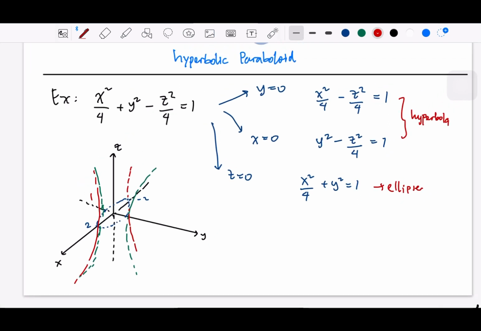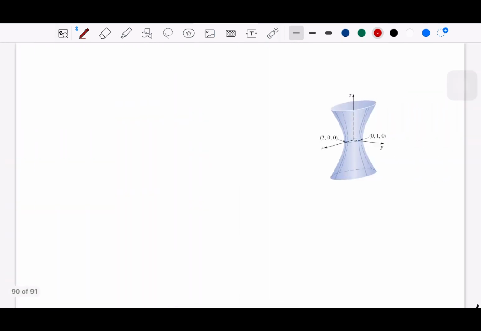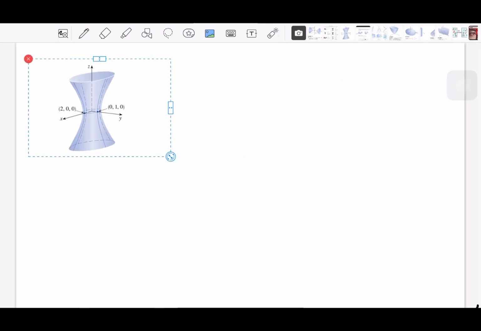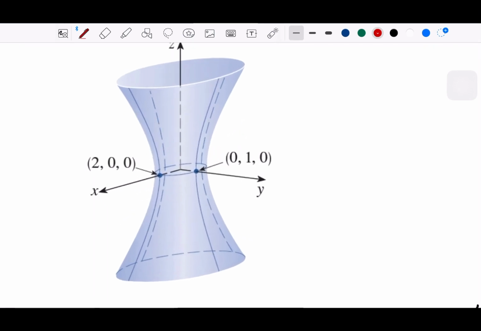Yeah, perhaps not really good proportions, but it should be like this. Let me directly draw this part here. Okay, so we have this side here and another part here and this side.